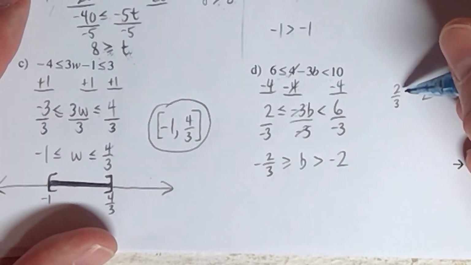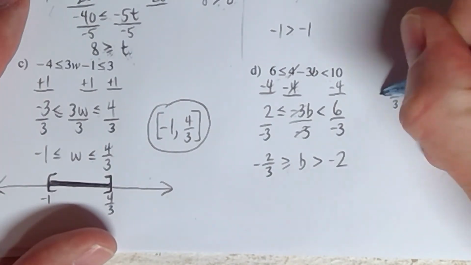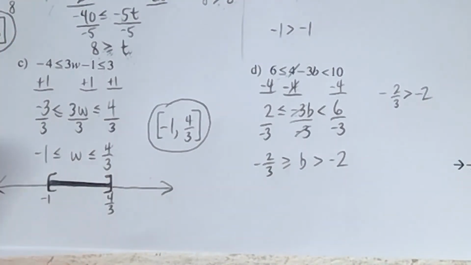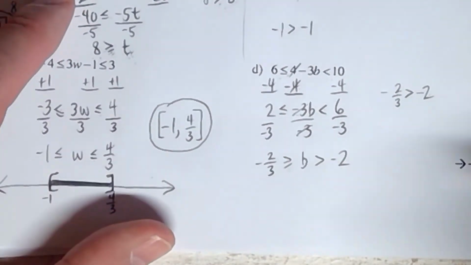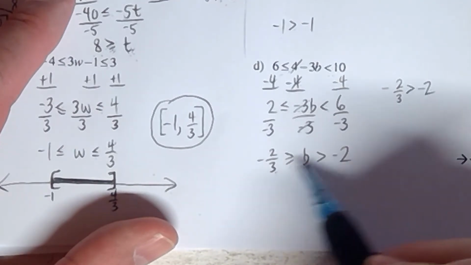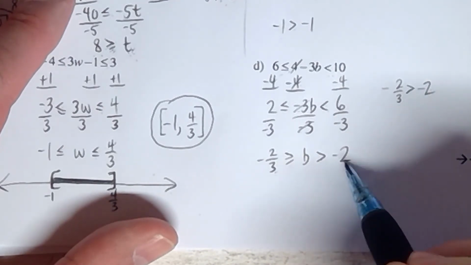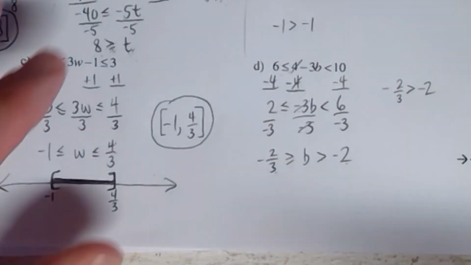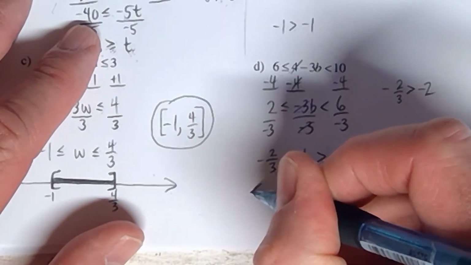Negative 2/3 is now bigger. And I'm saying that to confirm that the alligator is eating the bigger number, but it's not eating the smaller number. That's the way it's supposed to be on these three-part inequalities, okay? Otherwise, you did something wrong.